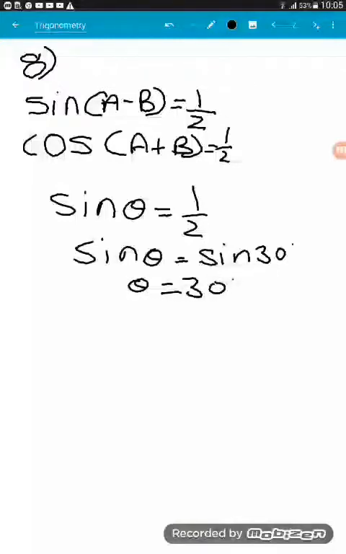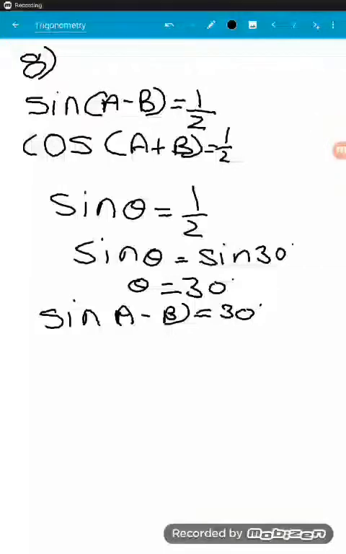In the same way, sine of A minus B will also be equal to sine 30 degree, and in the same way we will check cos. So if sine of A minus B equal to sine 30 degree, you can directly write it as A minus B equal to 30.